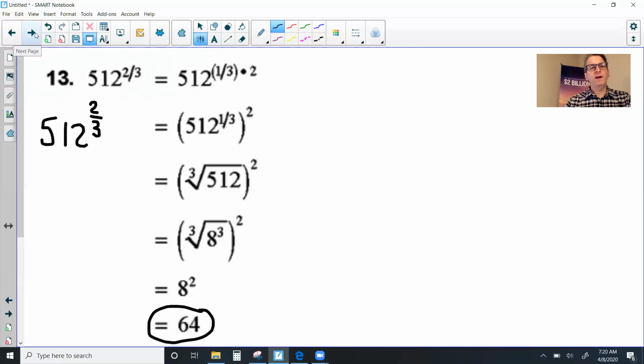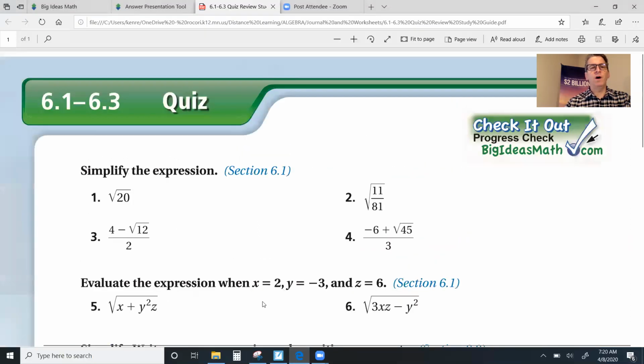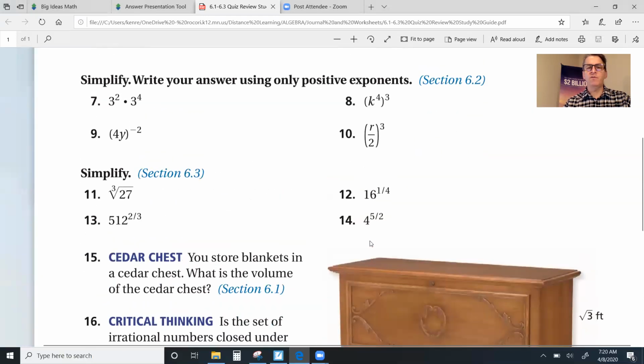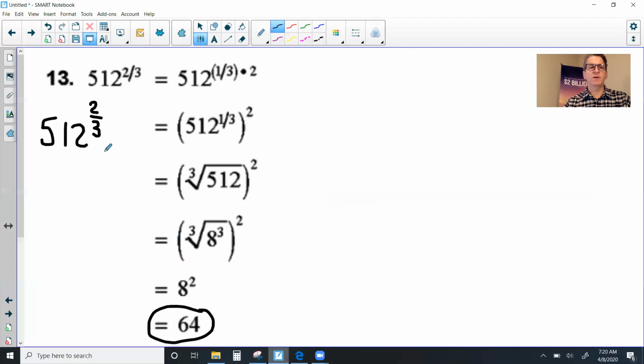And lastly today on the 6.1 to 6.3 quiz is this question down here, 4 to the 5 halves for number 14.